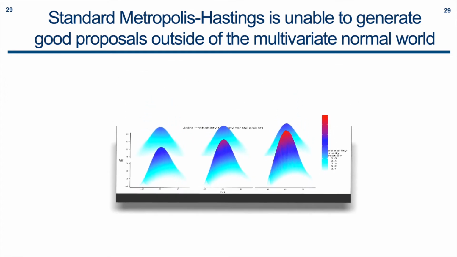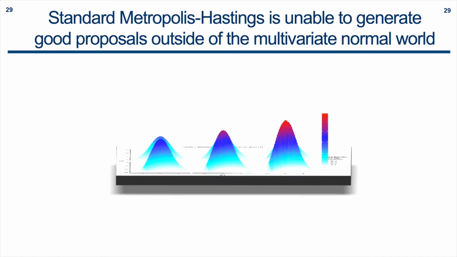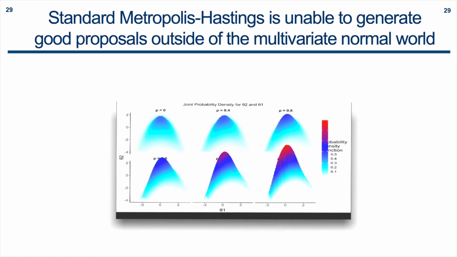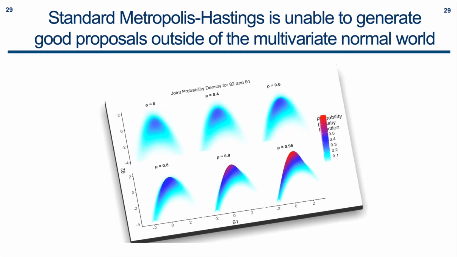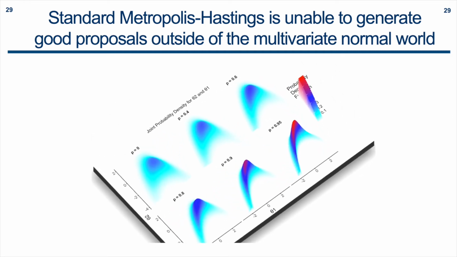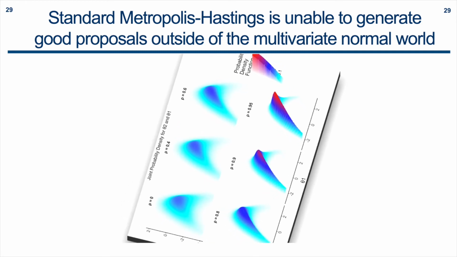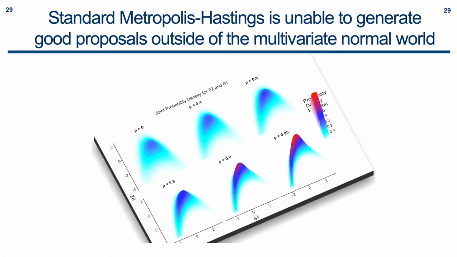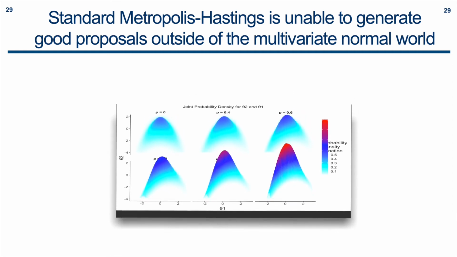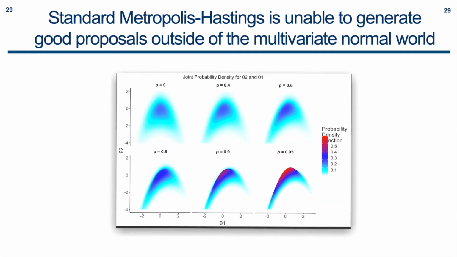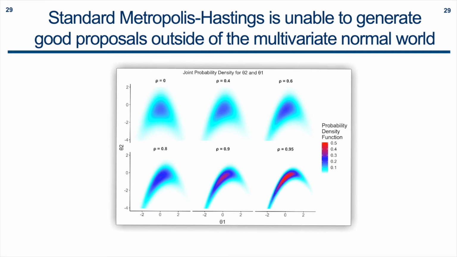So now it's got this kind of curved, banana-shaped relationship between the two parameters. And the difficulty here is it's going to be very, very difficult, if not impossible, to come up with proposal distributions for the Metropolis-Hastings that are going to be able to effectively explore this joint distribution of our model parameters. And that's where Hamiltonian Monte Carlo will really come in and help us out.